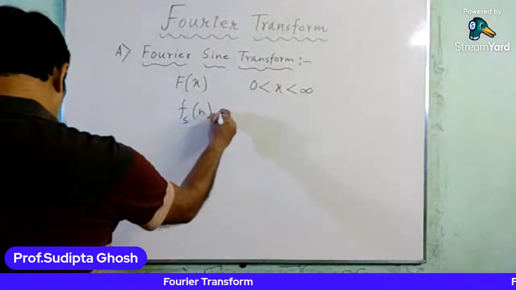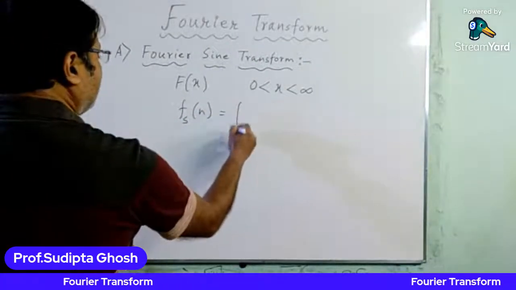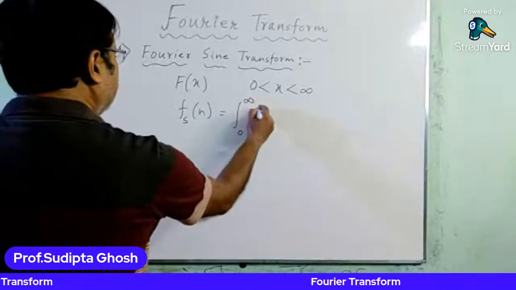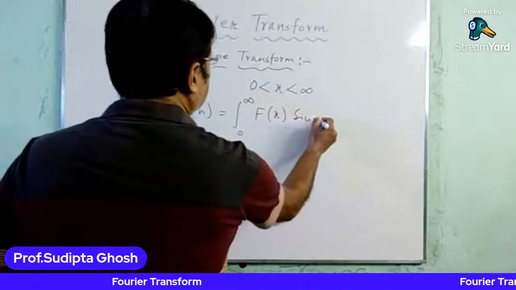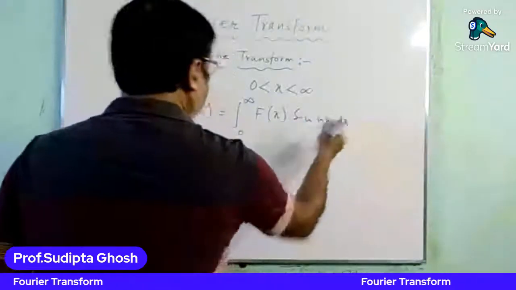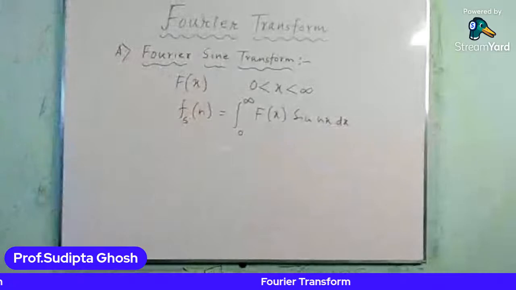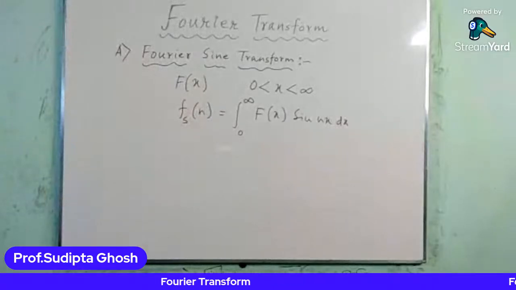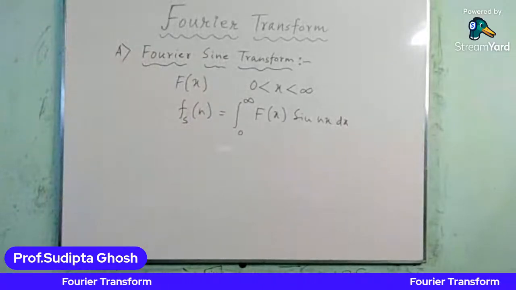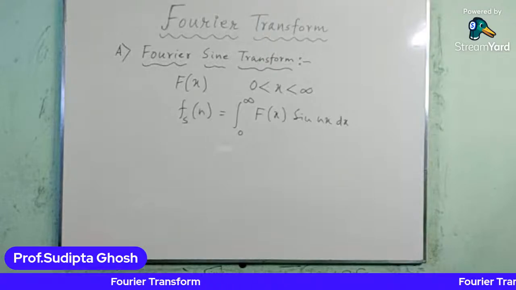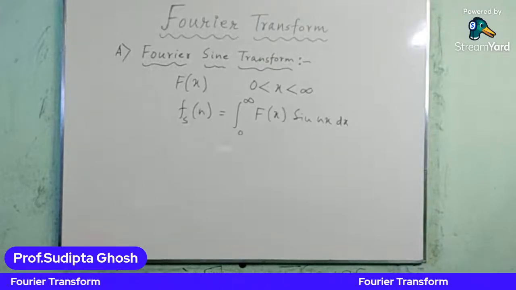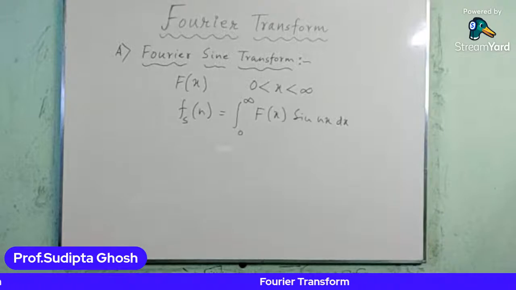Fs(n) equals the integral 0 to infinity of capital F(x) sine nx dx, where n is an integer. So this is the infinite Fourier sine transformation. Here F(x) is called the inverse Fourier sine transformation of Fs(n).